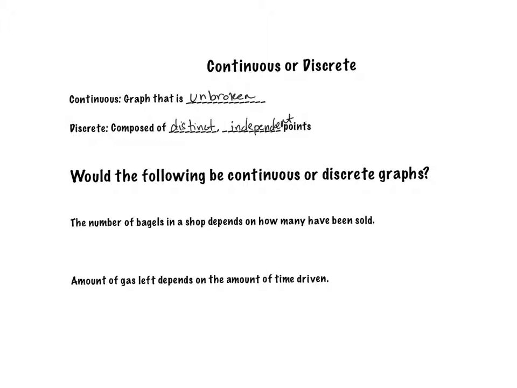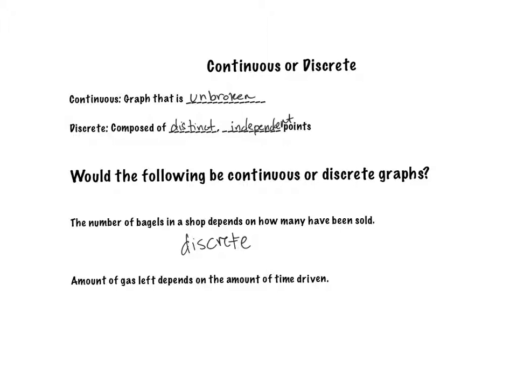But a quarter of a bagel? No, right? I'm not going to cut a quarter of a bagel off to sell it. So because I'm not going to sell a quarter, a third, whatever, this is a discrete situation. There's going to be distinct points. If I sell one bagel, I'm going to have 99 left. If I sell two, I'm going to have 98.